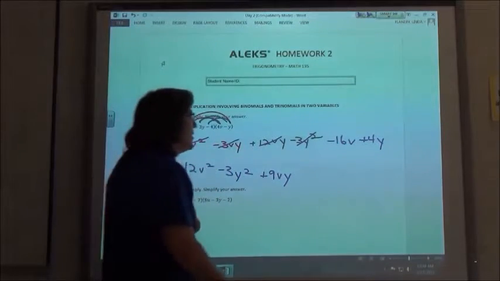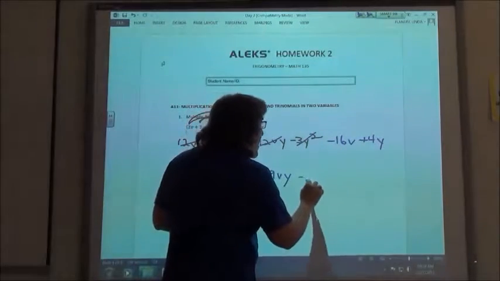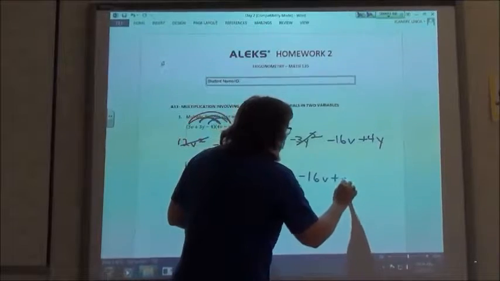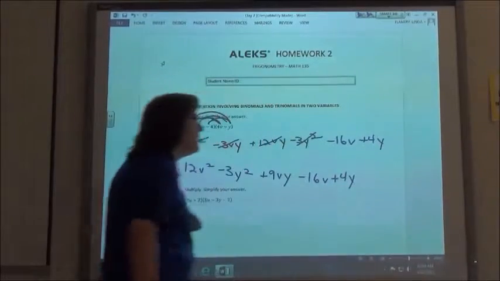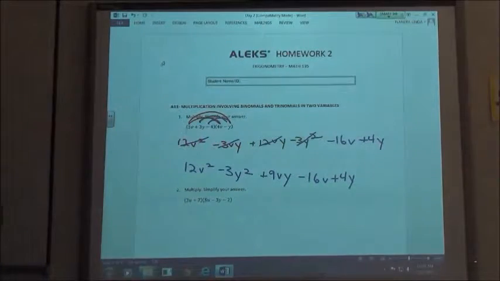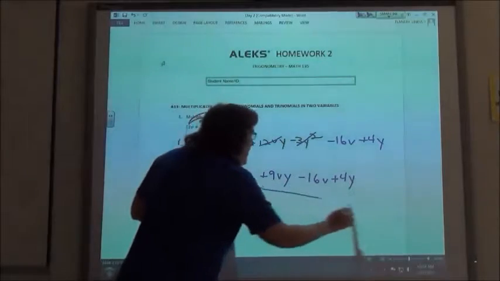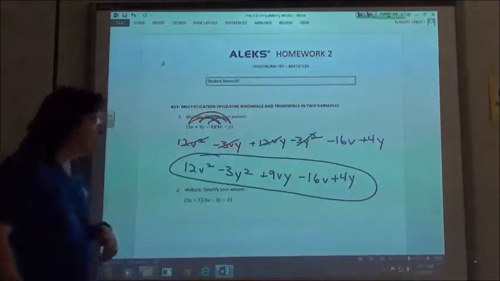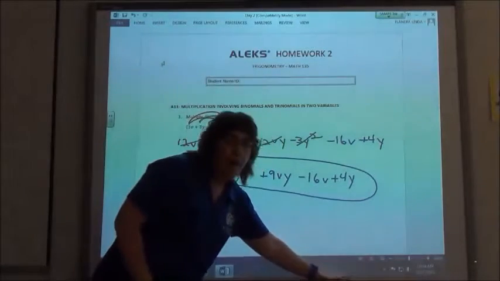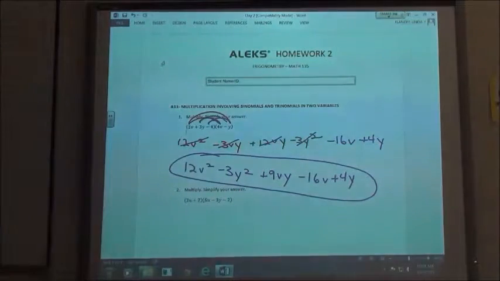And then they're going to do the ones with one variable, so minus 16v plus 4y. And if there was a constant term, they put that on the end. And so all of that is going to go in for my answer. Now if you put them in a different order, that's perfectly fine. We have the commutative property, but that's the order you're going to see those in.